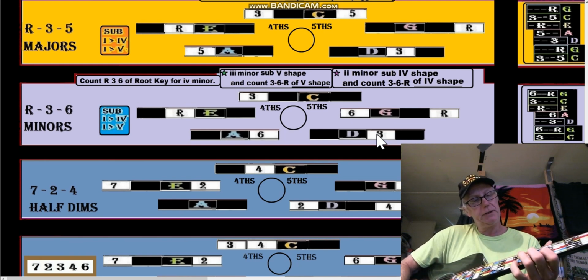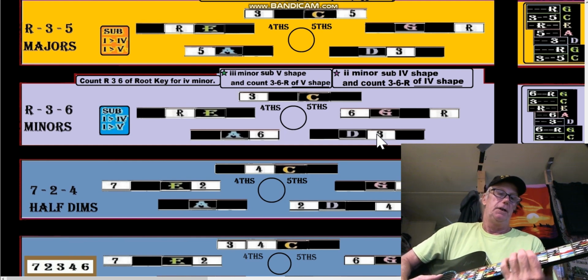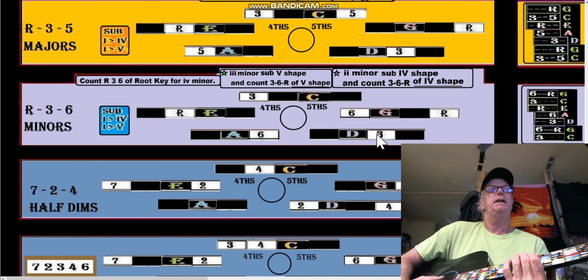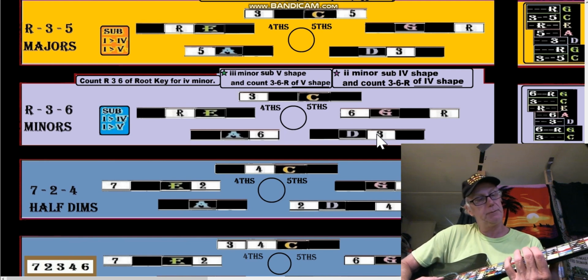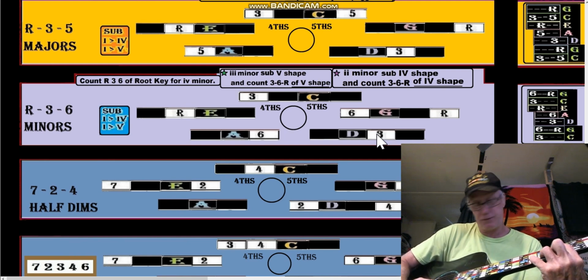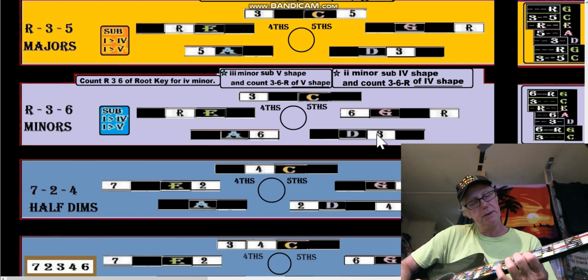Now notice we're not going to do the D minor that goes into the next cage over. The next cage over in the A shape is not going to be G, it's going to be C. Okay, so that would be the D minor in the C box. We're doing the arpeggio, so we come up here.